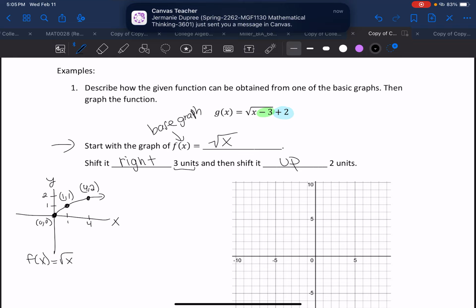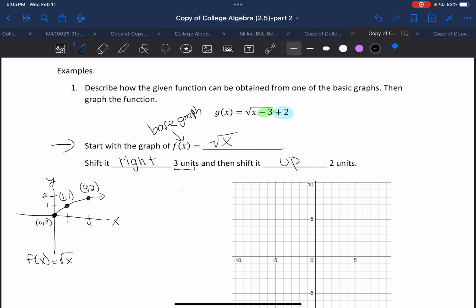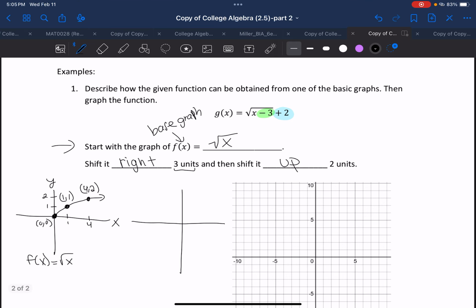And then I would want to do the minus 3 next. So the minus 3, like we said, shifts it to the right. Actually, let me move this over a little bit. Shifts it to the right 3 units. So the 0, 0 would end up being at 3, 0.